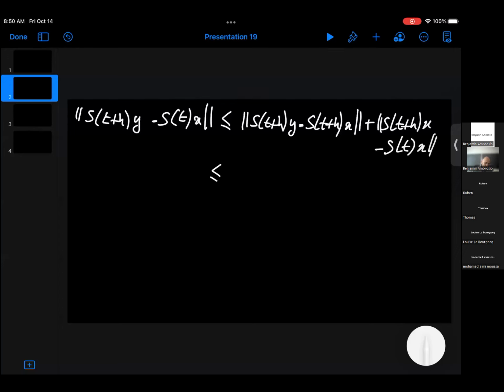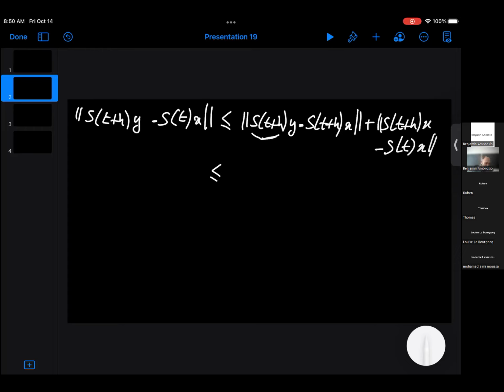We know that this is a bounded operator, by definition of a semigroup, and we know from the previous session that this norm is bounded.